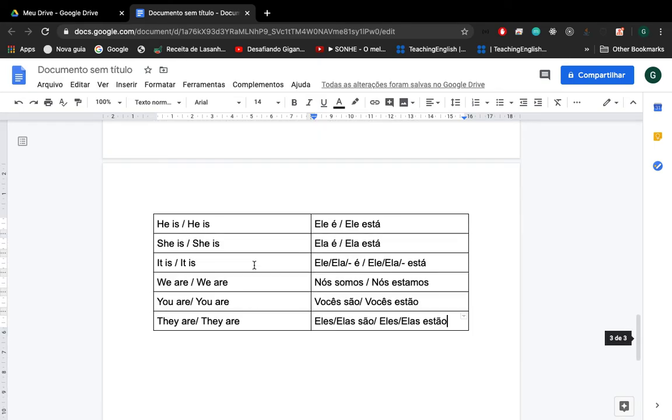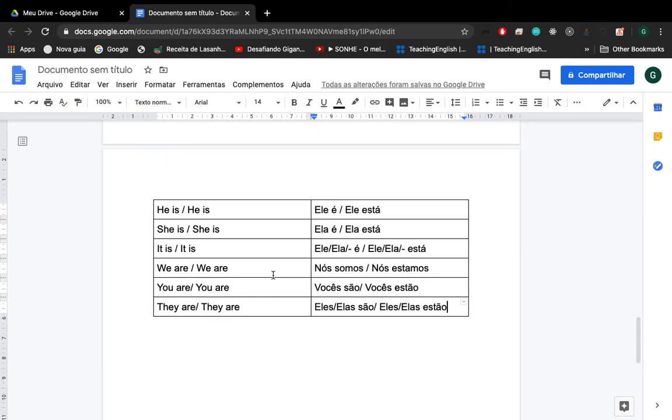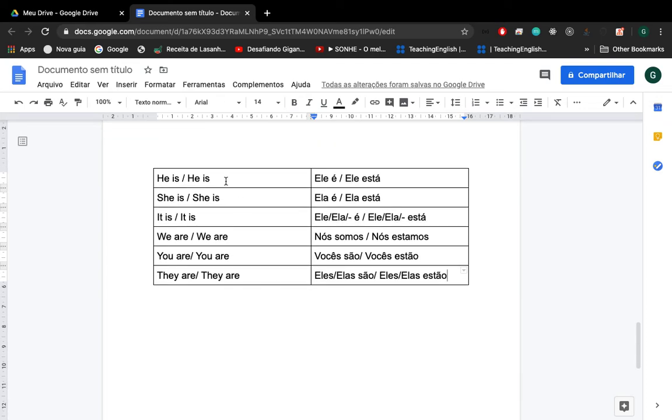As an exercise for you guys, I need you to make some sentences using the verb to be in English and translate the pronoun and the verb into the correct form. Okay, if it's to be as ser or estar. George, can you give an example again?